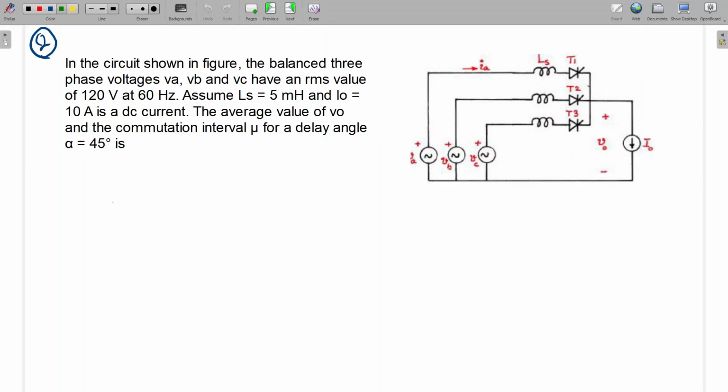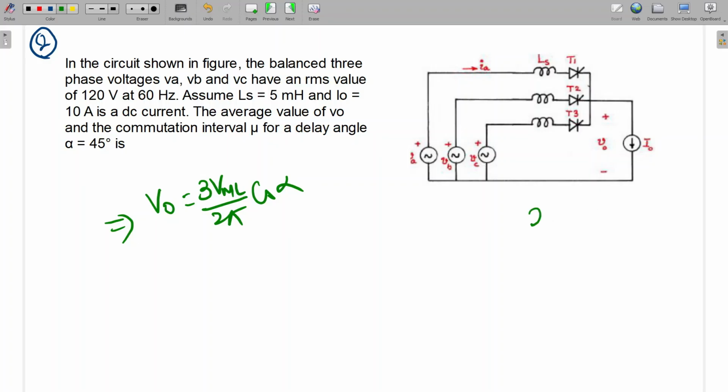So what is the output voltage equation for 3-phase? Total Vd will be 3 VML upon 2 pi cos alpha, which you remember? Yes sir. 3 Vm line to line upon pi.